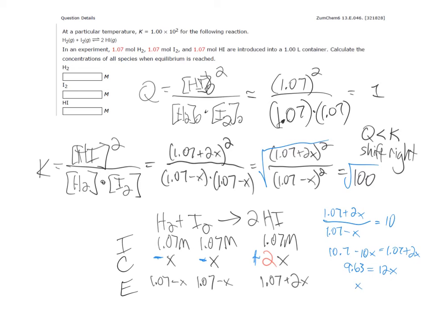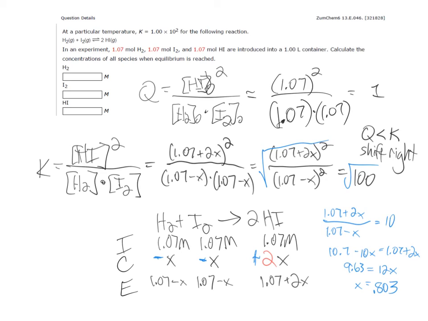And then we'll divide both sides by 12. And x works out to be 0.803. So now we have a value for x, and we have equilibrium expressions which represent concentrations that involve x.